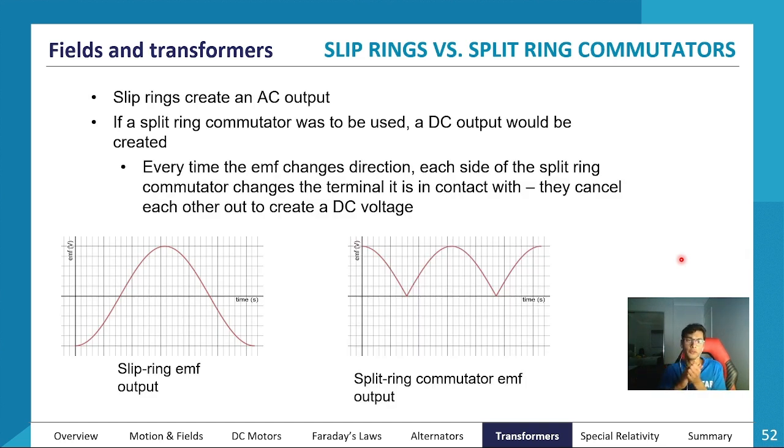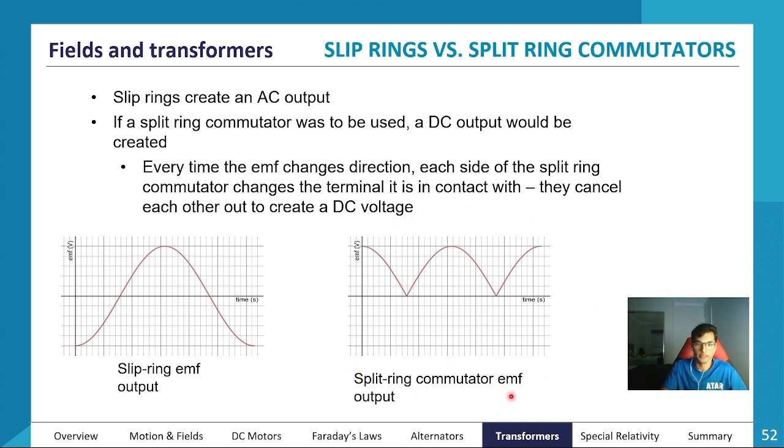So when you spin a coil around a magnetic field, you will get this output, which is kind of like a sine wave. If, however, we use the split ring commutator, which we used in the DC motors, you would get this output.